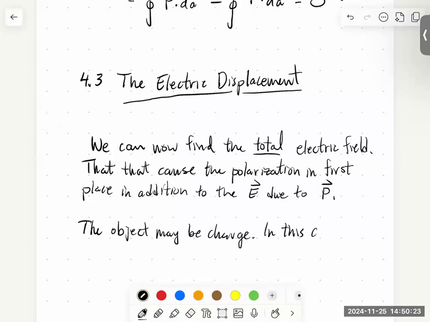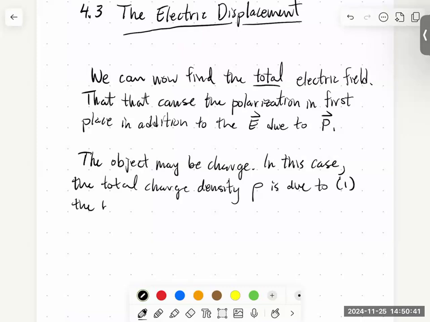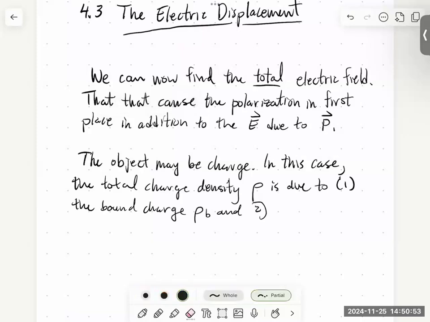And in this case, the total charge density rho is due to 1, the bound charge, rho B, and 2, for lack of a better term, they call it the free charge. But this free charge just means any charge that's not associated with the polarization.